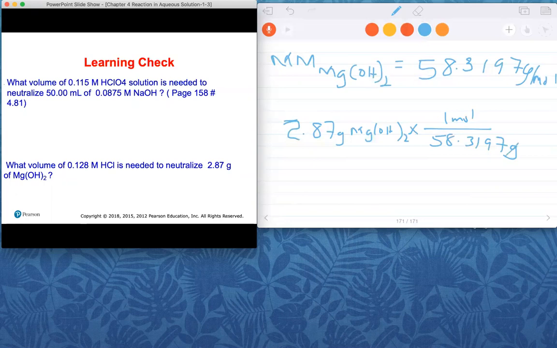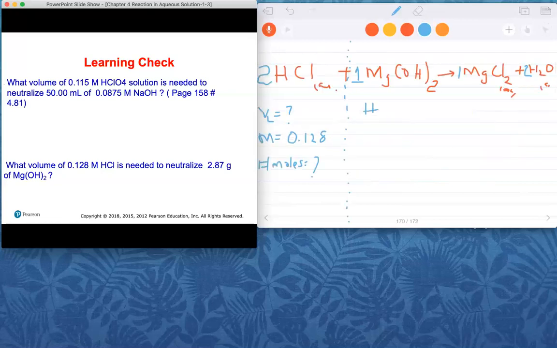We need to know how many moles are in 2.87. So 2.87 divided by 58.3197, and that is 0.0492, and give or take 4 significant figures. So this is the number of moles I have.